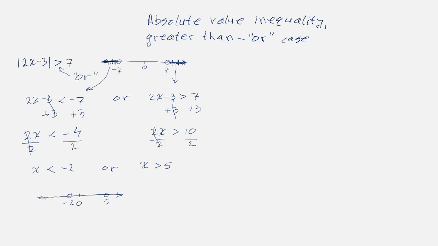And I'm putting open circles again because there is no equal sign with the inequalities. It says any number that's less than negative 2, that means any number that lies to the left of negative 2, is going to be part of the solution. Or any number that's bigger than 5 is also going to be part of the solution. So any number past 5, to the right of 5, is part of the solution.